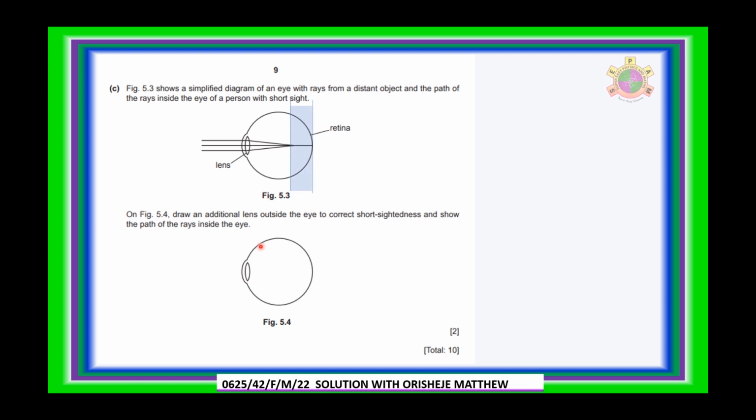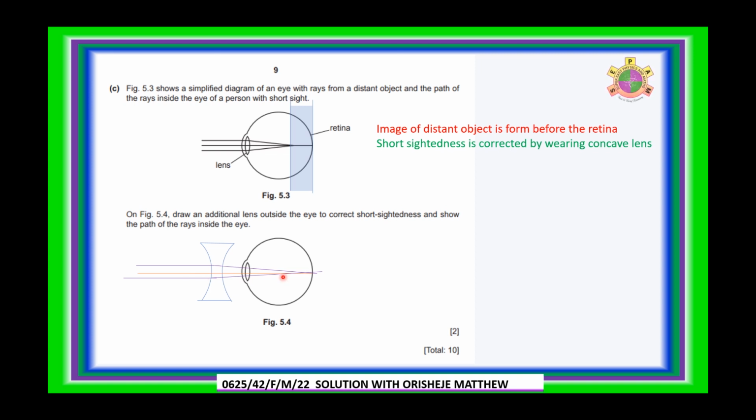To correct it, the person will wear a concave lens, or we call it a diverging lens. So rays of light coming from distant objects will now be converged at the retina. So this is the correction.